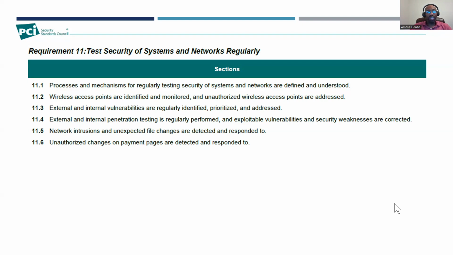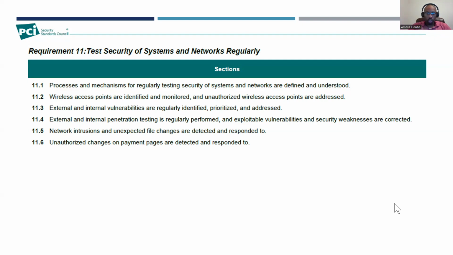11.6, unauthorized changes. This is something new to 4.0. So 4.0 introduced this. Unauthorized changes to payment pages, you want to make sure it's detected and responded to, because you don't want someone who maybe hacked your website and then redirects the payment.